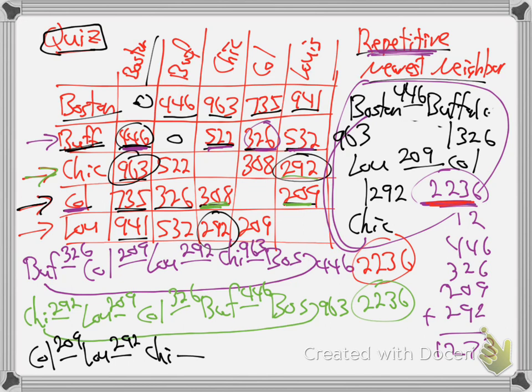Closest to Chicago, looking up here at the Chicago numbers: Louisville, but we can't go back there already. Columbus, can't go back there already. 522 to Buffalo. Actually, the Chicago one to Louisville is 2,409. The green one?